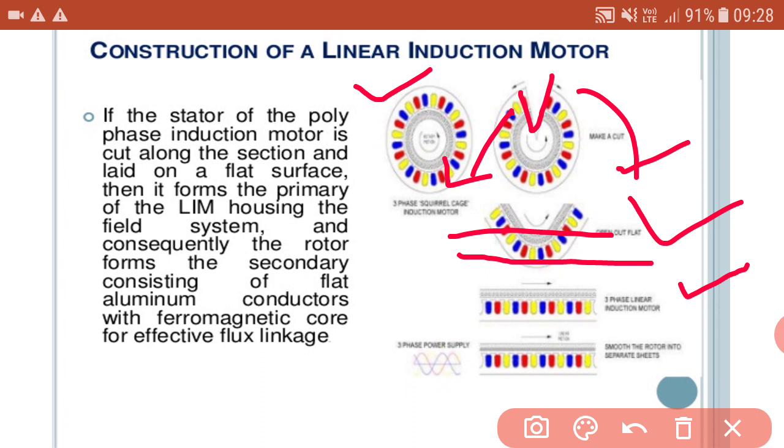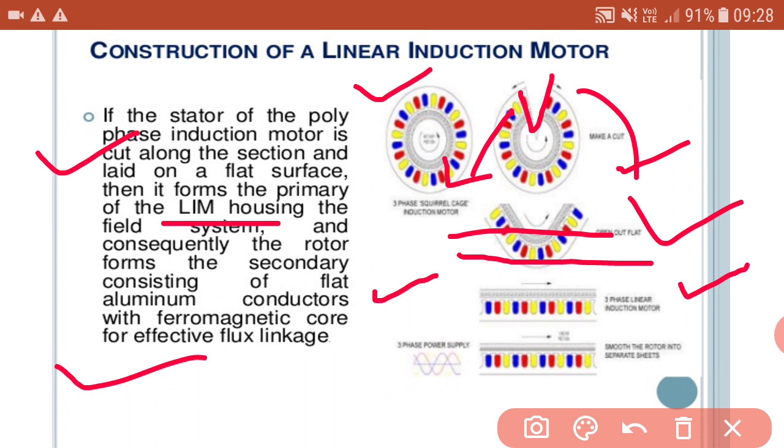If the stator of the polyphase induction motor is cut along a section and laid on a flat surface, then it forms the primary of the linear induction motor, housing the field system, and consequently the rotor forms the secondary, consisting of flat aluminum conductors with a ferromagnetic core for effective flux linkages.